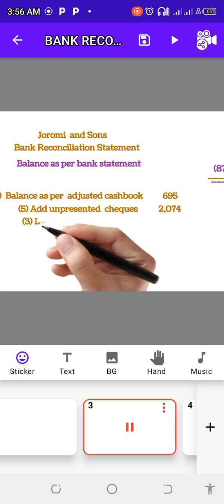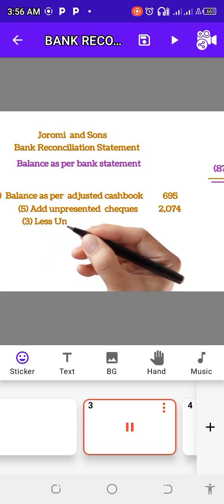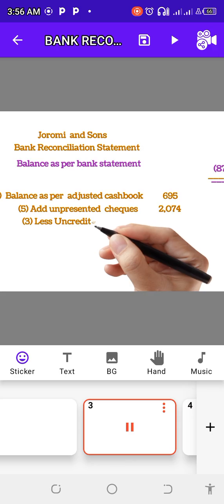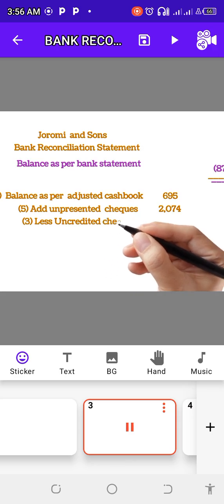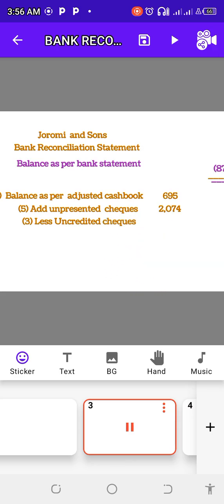Then item 3 is uncredited check. Uncredited check, as seen in the question in item 3, we are going to less uncredited check. So uncredited check, as given in that question, is $3,360.